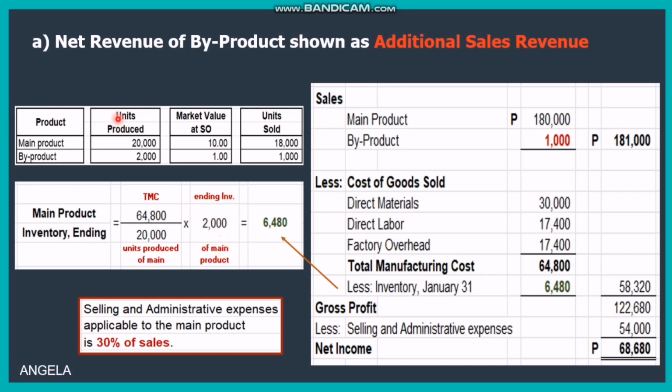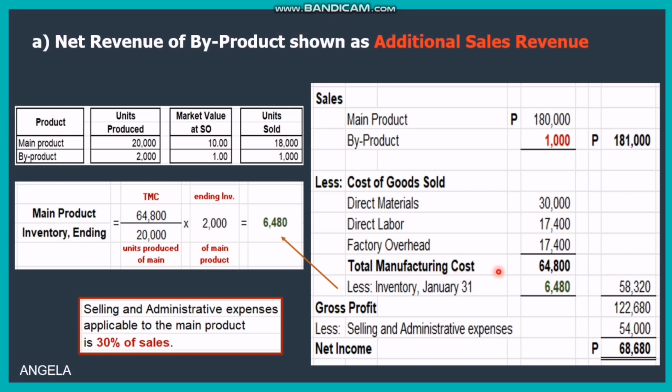Yung units produced natin na 20,000, ililess natin sa units sold na 18,000 para malaman natin kung ilan yung natirang units na hindi pa napapabenta. So, 20,000 minus 18,000, meron tayong 2,000 units. 64,800 divided by 20,000 times 2,000, meron tayong ending inventory for the main product na 6,480.